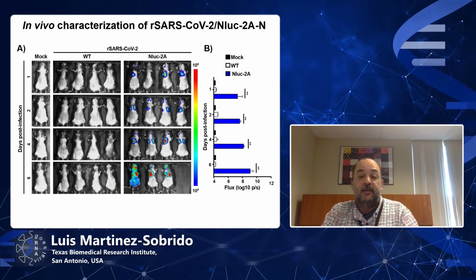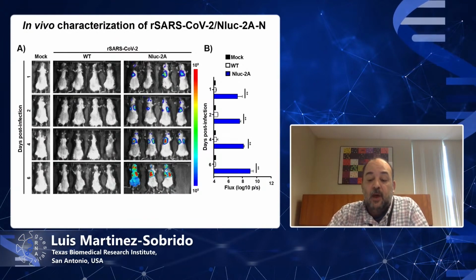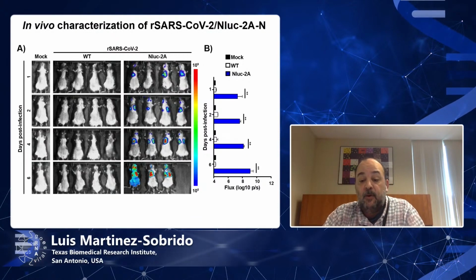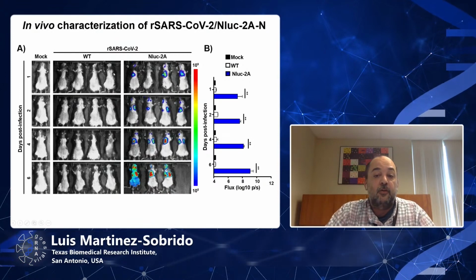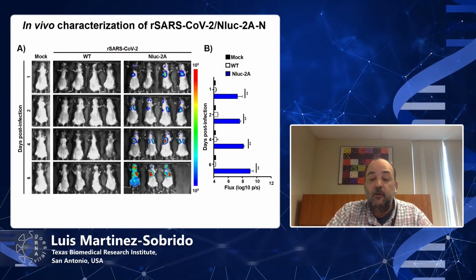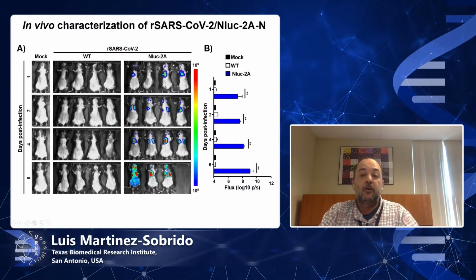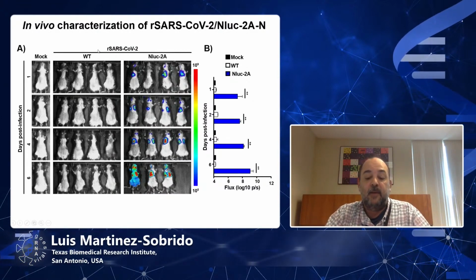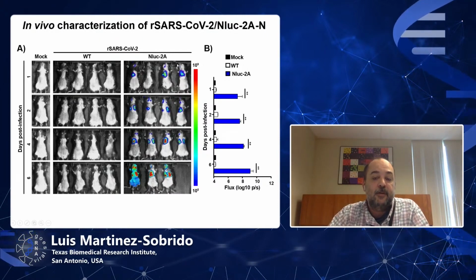Next, we tested the feasibility of using this nanoluciferase recombinant virus to evaluate the viral infection in vivo using an in vivo imaging system, and that's what I show you here. To do that, we infected transgenic human ACE2 mice with either the recombinant virus that expresses nanoluciferase from the NP locus or the recombinant wild-type virus, and assessed luciferase expression at different times post-infection.